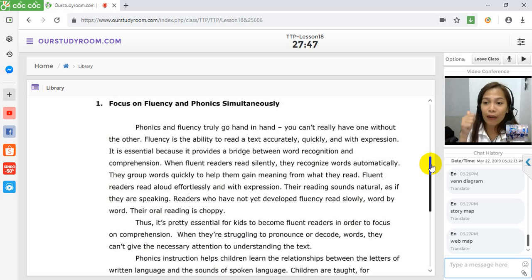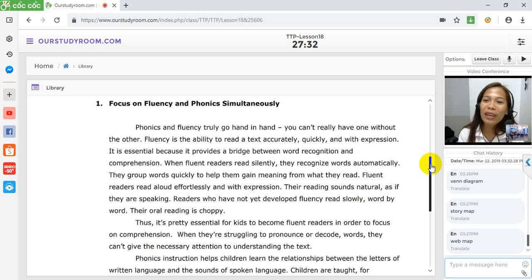So phonics is very important, right, Teacher Anna? Yes, very important. Without phonics, you will not become a good, fluent speaker.